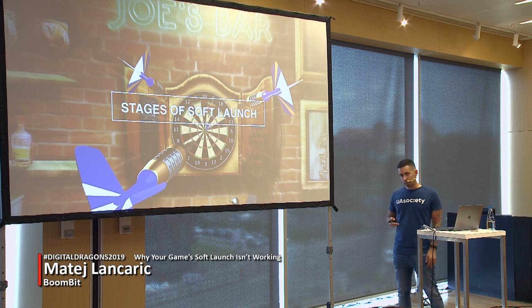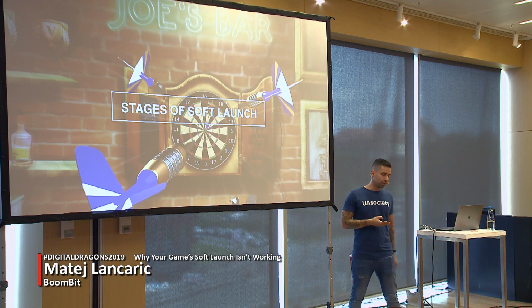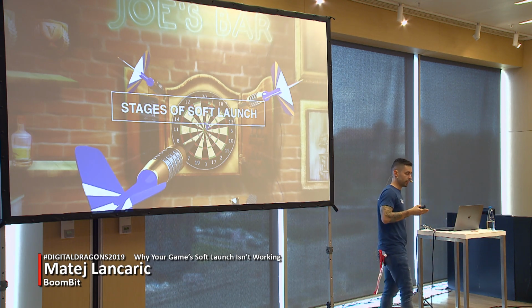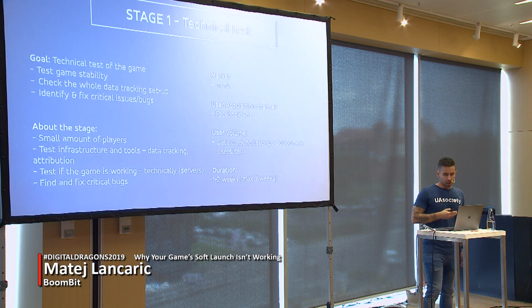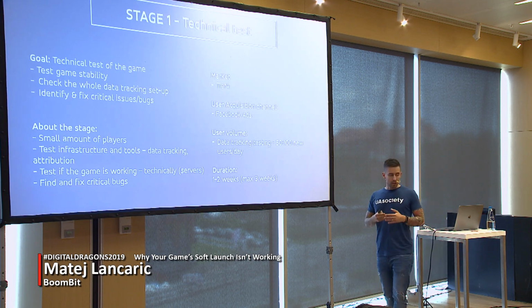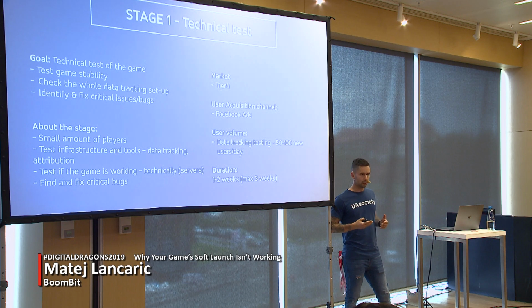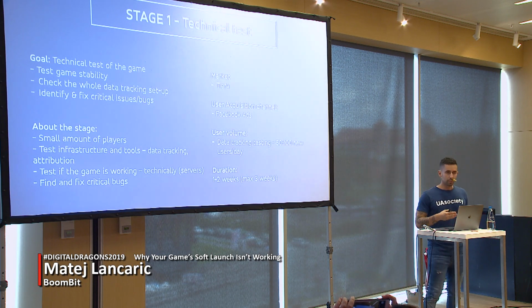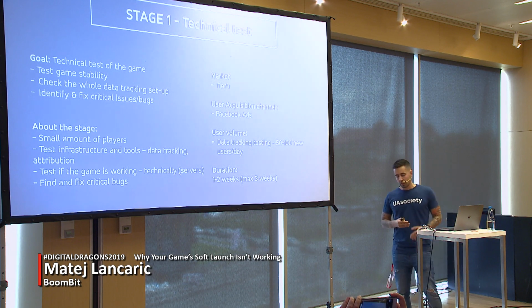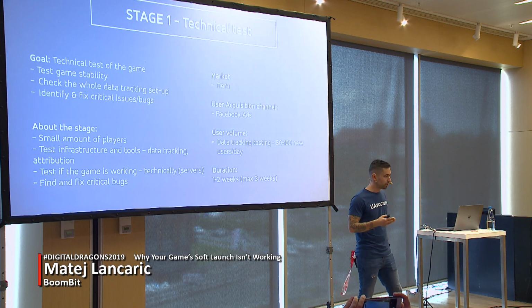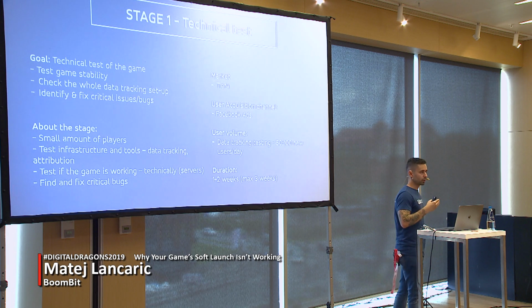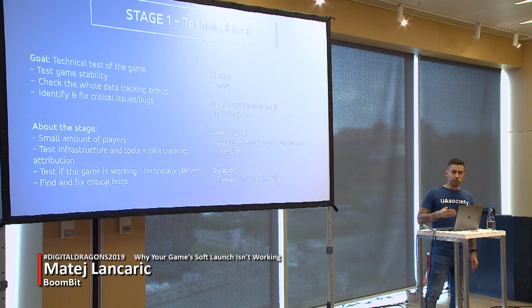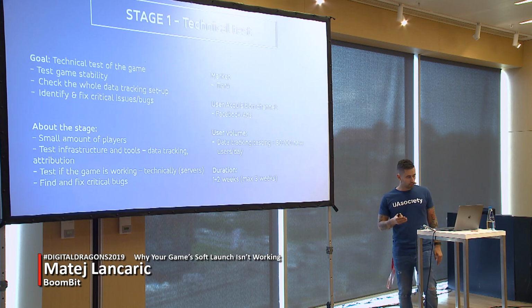When it comes to soft launch, I usually divide it into 3 stages. The first stage is basically a technical test. You want to test the game stability, check if the data is correct, the setup of tracking. You want to identify and fix critical bugs and issues.